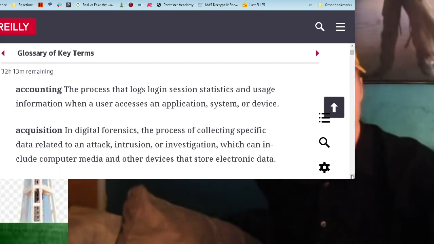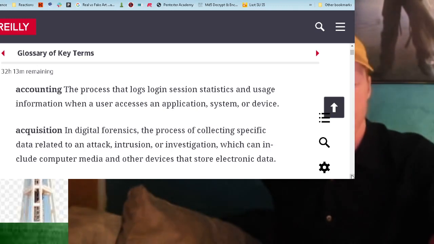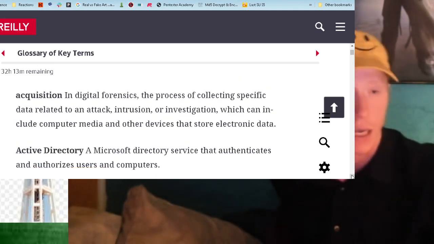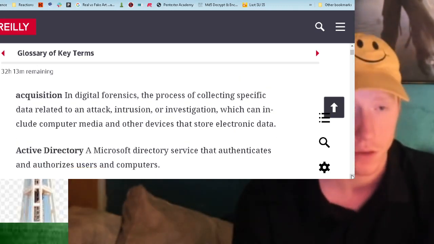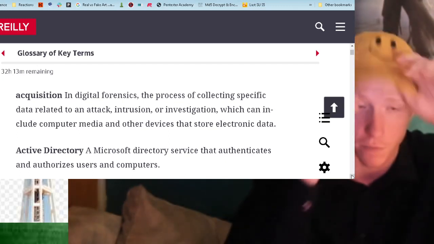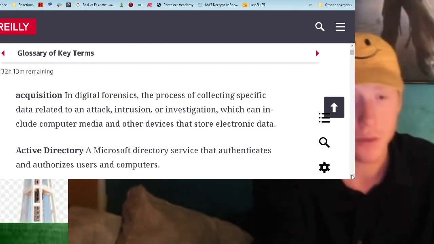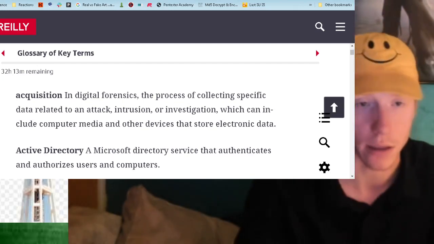Accounting is the process that logs login session statistics and usage information when a user accesses an application, system, or device. Acquisition: in digital forensics, the process of collecting specific data related to an attack, intrusion, or investigation, which can include computer media and other devices that store electronic data.